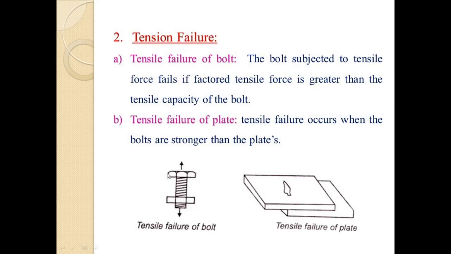But this type of failure rarely happens because the tensile strength capacity of the bolt is much higher. Second one is tensile failure of plate. Tensile failure of plate occurs when the bolts are stronger than the plates. Bolts are generally stronger than the plate, therefore this type of failure happens. Tensile failure of plate, or we can also call it tearing failure of plate.